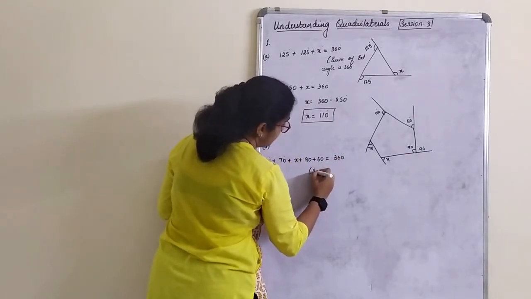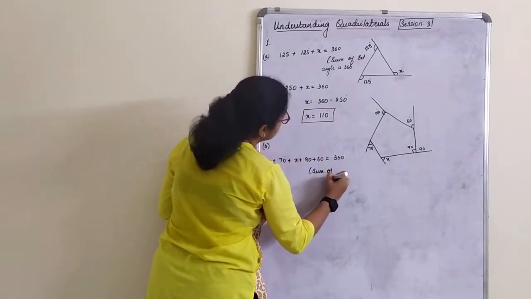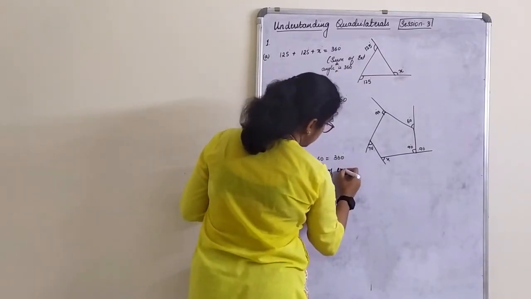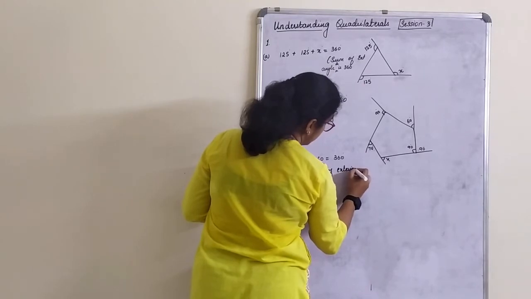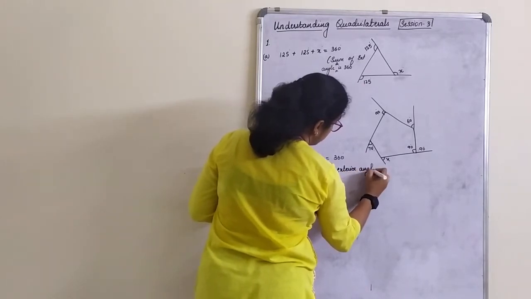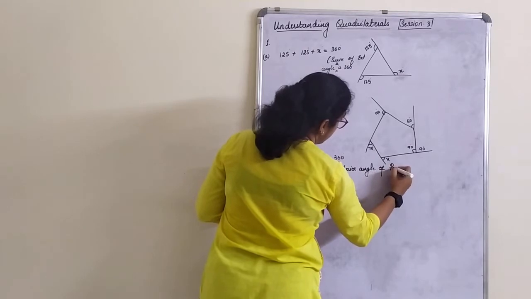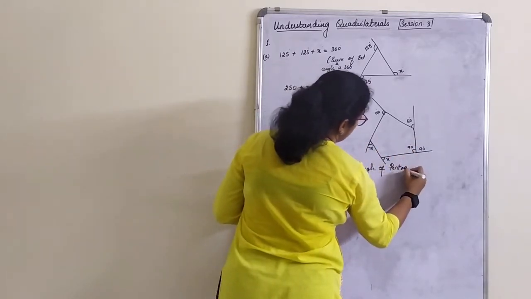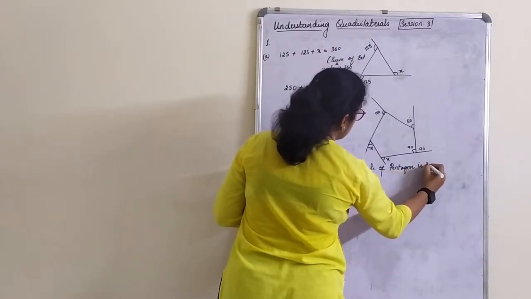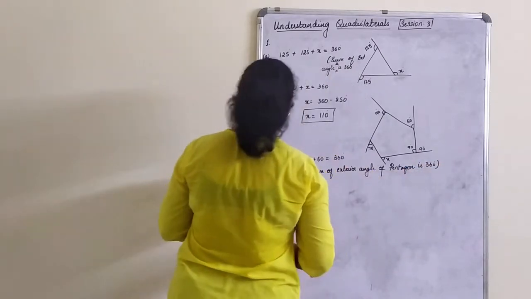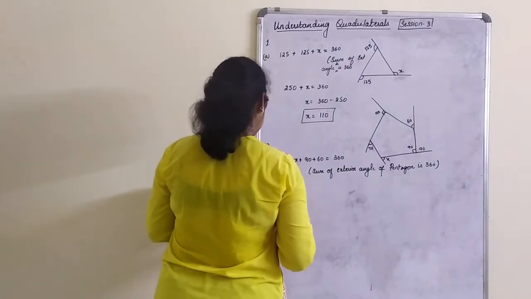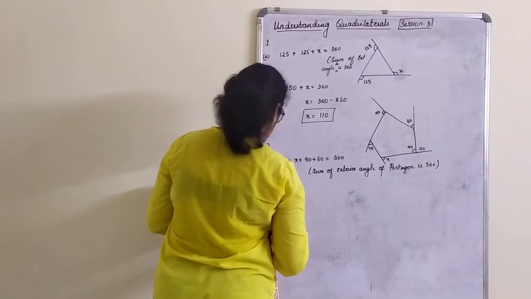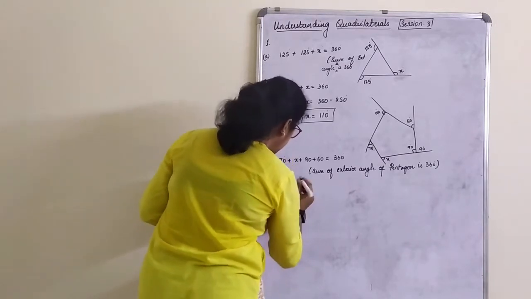Reason: sum of exterior angles of a pentagon is 360. So 90 plus 90 is 180, plus 70 plus 60, you will get 310.